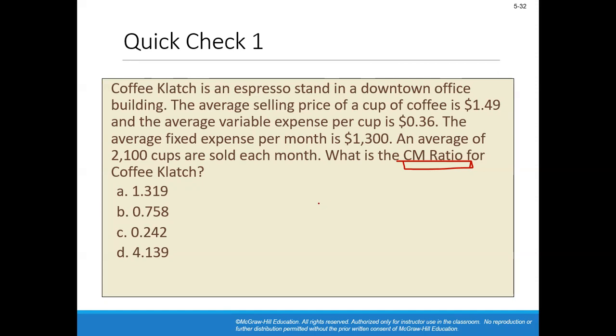We see that the price per unit is 1.49, and our variable expense is $0.36. We need to do this calculation. Do not use your calculator.